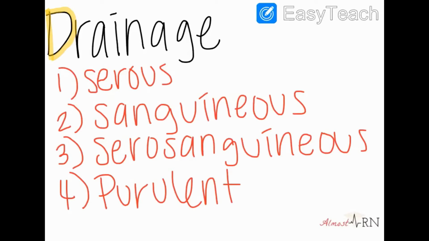We can take serous and sanguineous and combine them and get serosanguineous drainage, which is exactly the two combined. It's kind of a mixture of clear, watery, and blood, so it's kind of a pink substance. And lastly, purulent. That is our thick, green, yellow pus discharge.